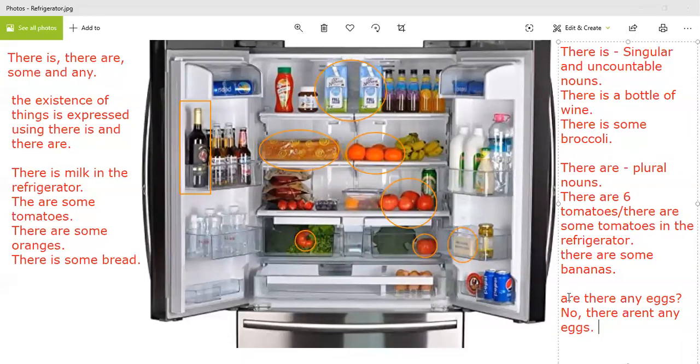Are there any eggs in the refrigerator? No, there aren't any eggs. Exactly. So what do we have? We have some and we have any. So we use some in affirmative sentences, okay?